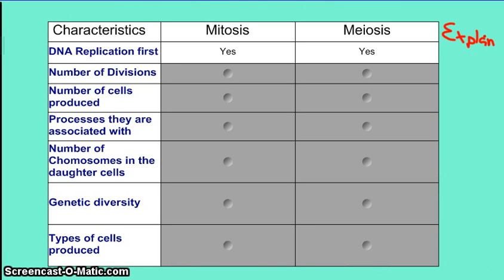The next topic, number of divisions. Mitosis goes through 1 division, and meiosis goes through 2 divisions. And that's important to understand because it explains how we get the correct number of chromosomes at the end of the process.